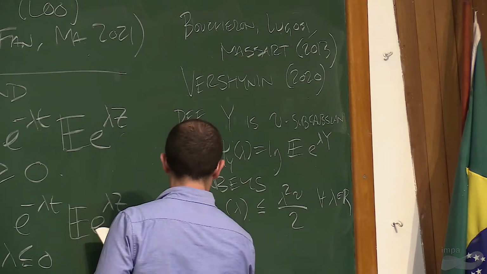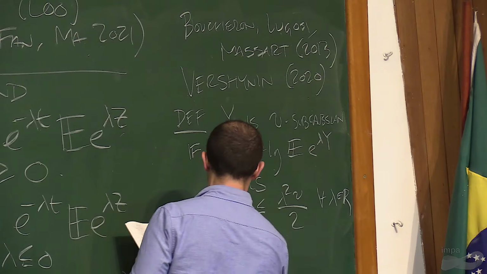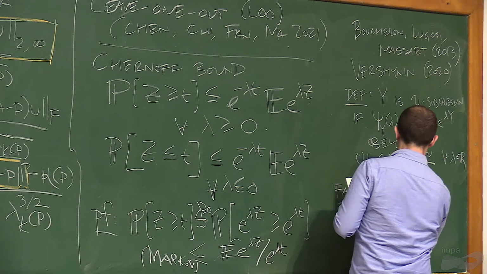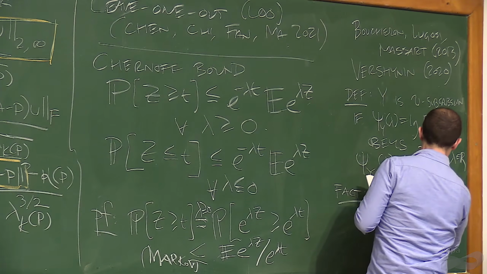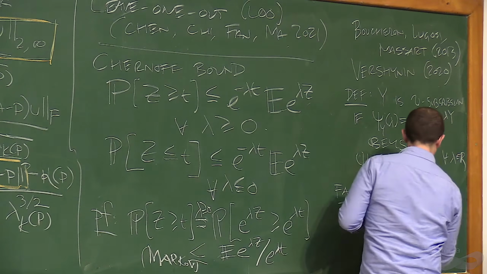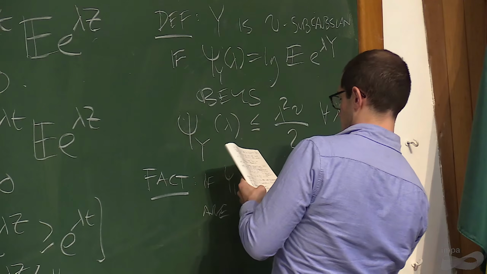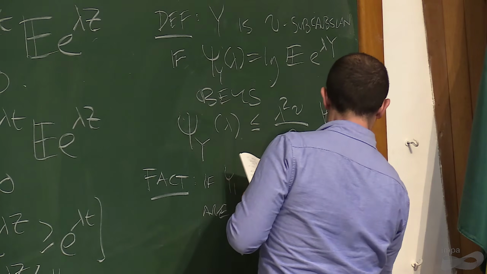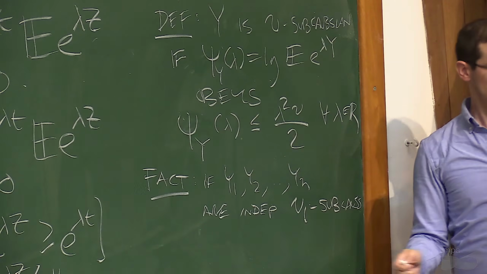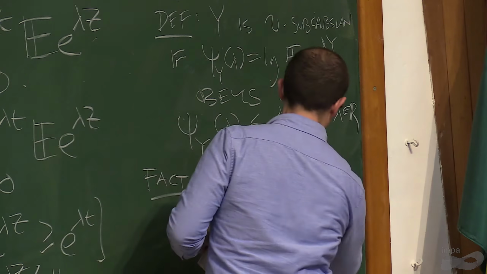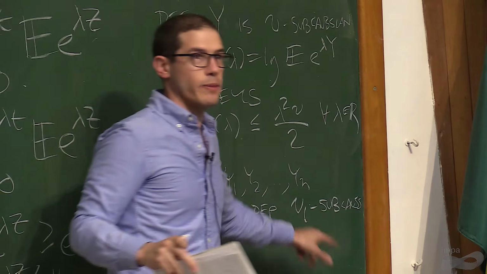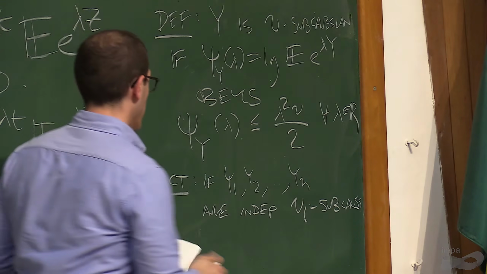And a fact, best checked in the comfort of your own home, but it's just two lines. If y1, y2, up to yn are independent, and yi is nu i sub-Gaussian, those nu i's don't need to be the same, but the y's do need to be independent.